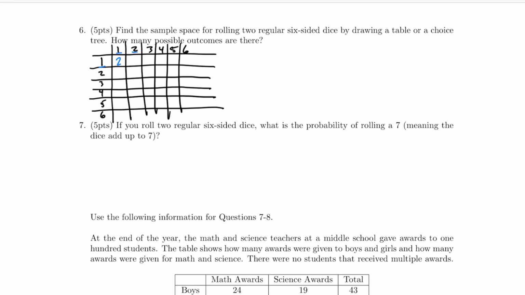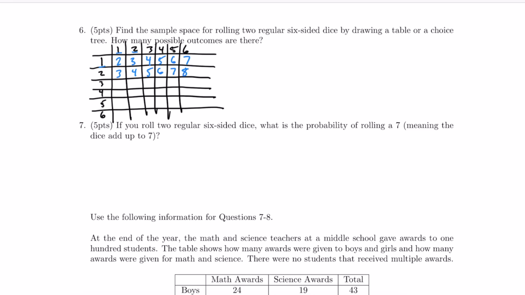If I roll a 2 and a 1, that gives me a total of 3. 3 and 1 gives me 4. And there's kind of a pattern to this, because each time you increase one of the dice by 1, the result increases by 1. So if I roll a 1 and a 2, that gives me a 3. 2 and 2 gives me 4. And then 5, 6, 7, 8 should be that last one.